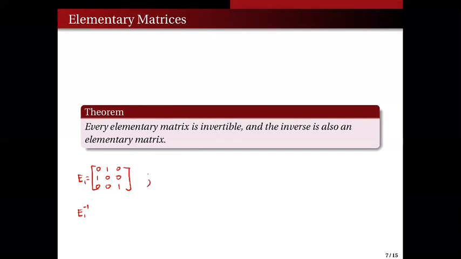So how do we get that? From the identity matrix 1, 0, 0, 0, 1, 0, 0, 0, 1, you interchange rows 1 and 2. If you do that, you will get this 0, 1, 0, 1, 0, 0, 0, 0, 1. So this is your E1.